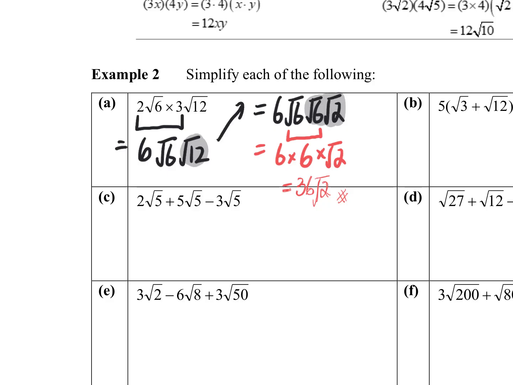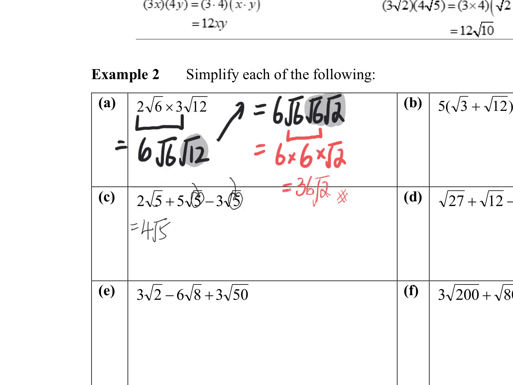Okay, so pretend root 5 is an apple or an x. Just pretend that this is like that. So how can you simplify it? 2 apple plus 5 apple minus 3 apple is, count so long? 4. 4 apple. So instead of apple, root 5.